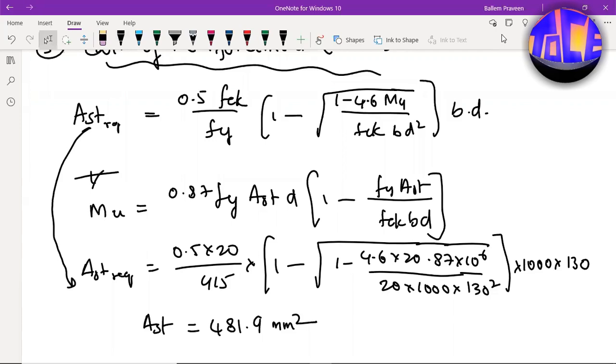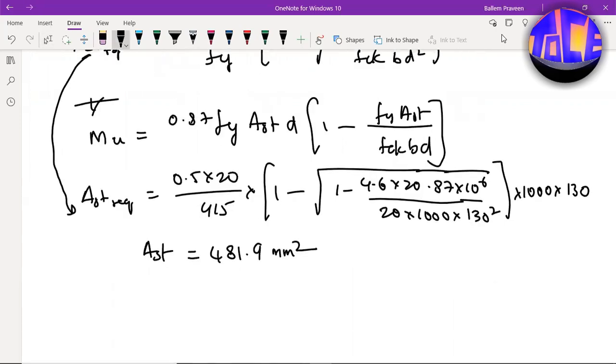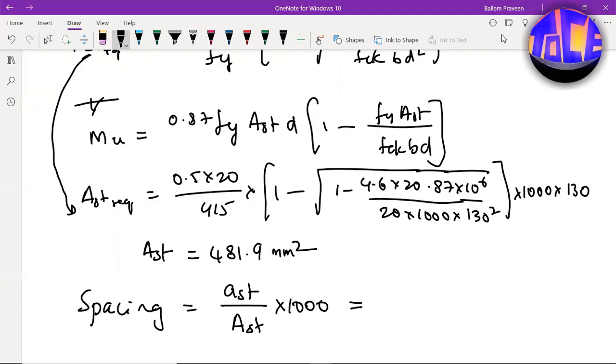After this, you need to find out the spacing of the bars. To find the spacing, you divide small ast by capital Ast, distributed in unit meter, 1000. I'm assuming a dia of 12 mm.